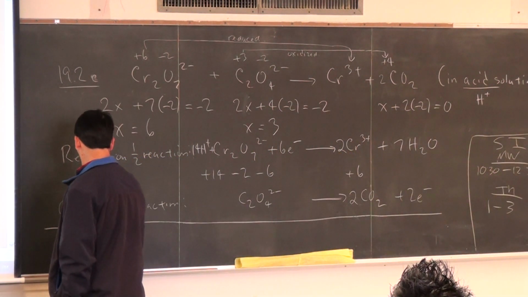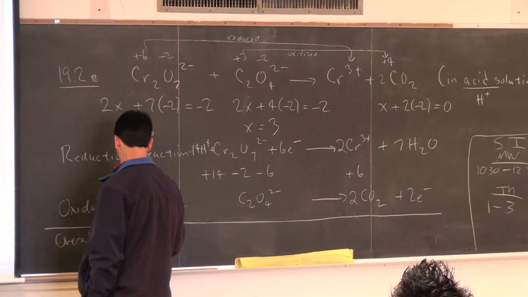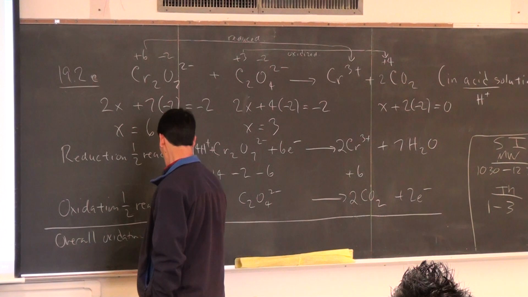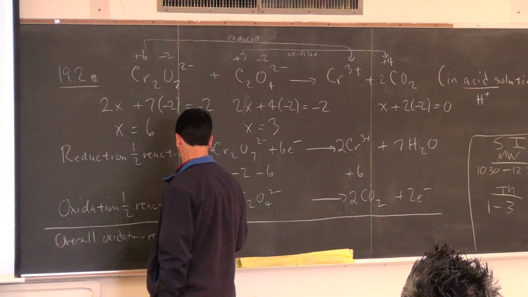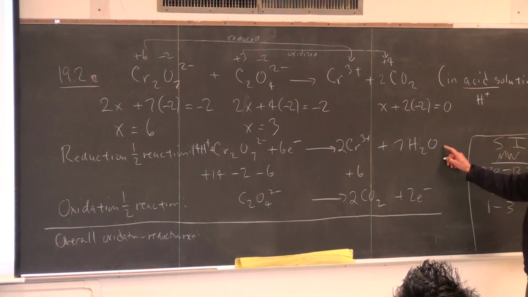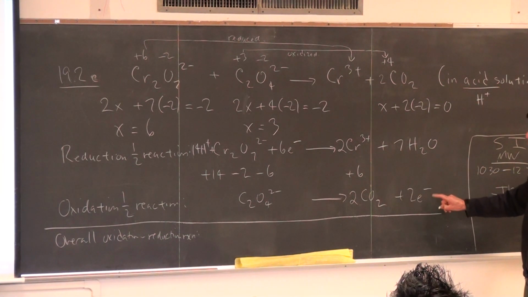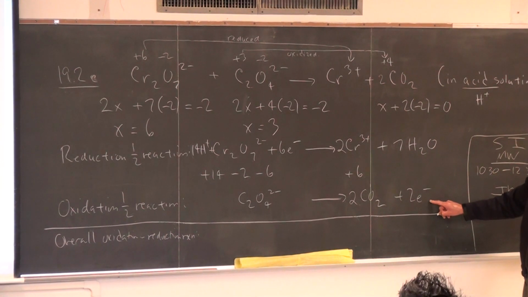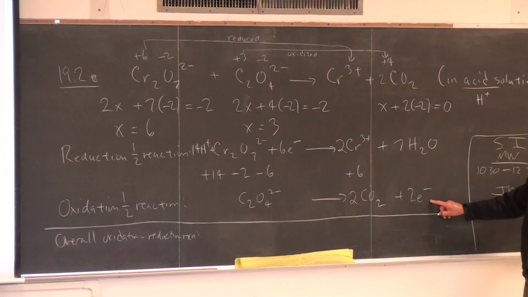Okay, so now we can get our overall oxidation-reduction reaction. To do that, again, we have to make sure the same number of electrons are transferred. Note that in the reduction reaction, 6 electrons are transferred. In the oxidation, only 2 electrons are transferred. So that means that we have to add 3 more. Not add 3 electrons, but 2, because 2 plus 3 is only 5. We need 6. So you're not adding, you're multiplying. Okay, so let's multiply this by 3.